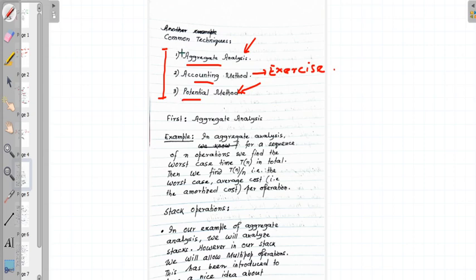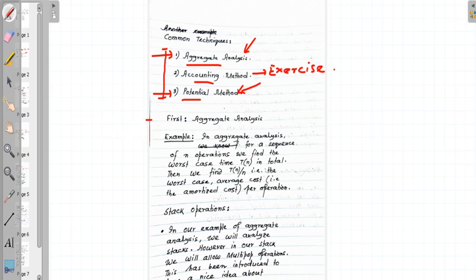In most of the CLRS book, wherever amortized analysis is utilized, the bulk of the cases employ aggregate analysis and the potential method. That's why we are taking up these two and leaving the accounting method as an exercise.